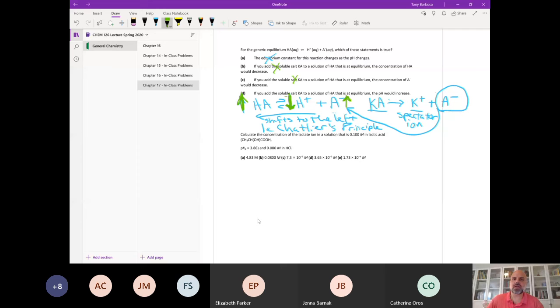If you add the soluble salt Ka to a solution of HA at equilibrium, pH is going to increase, because we're decreasing the proton concentration.